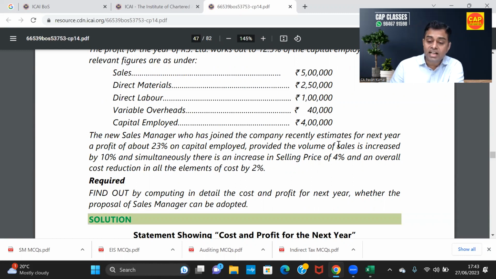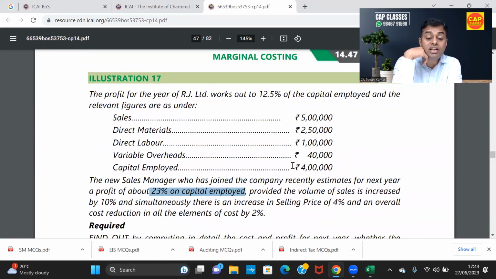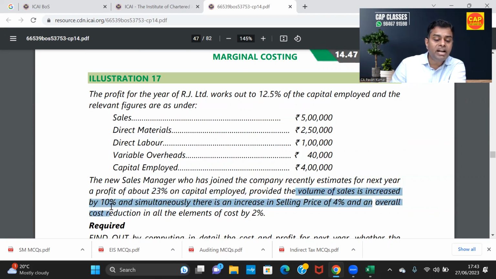The new sales manager estimates for the next year a profit of about 23% of capital employed. Oh my gosh. So the present capital employed is 4 lakhs. On that, present profit rate is 12.5%. He is telling that he will make it up to 23% of capital employed, provided volume of sales is increased by 10%.